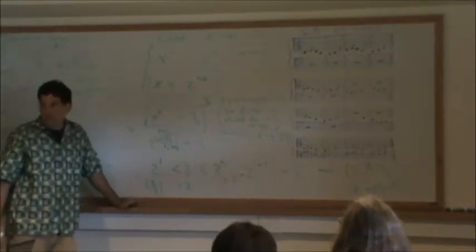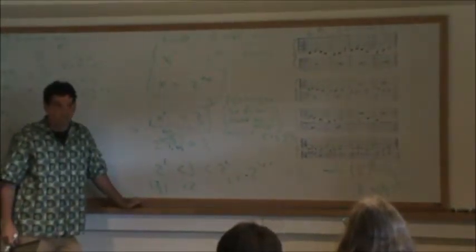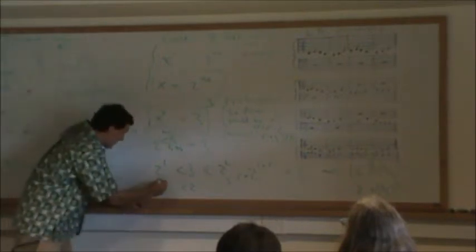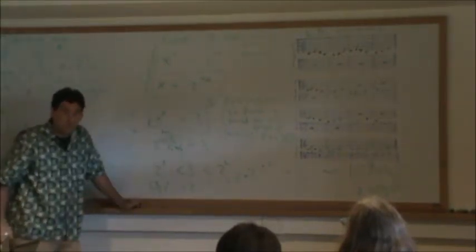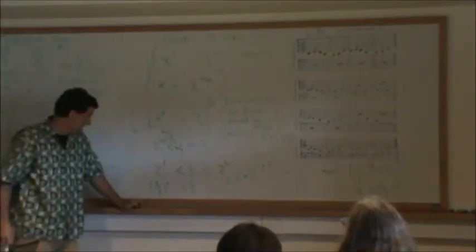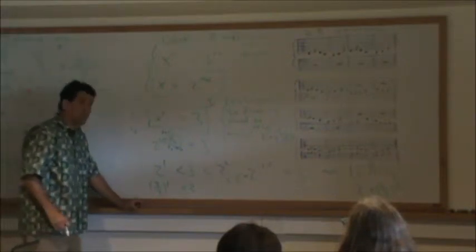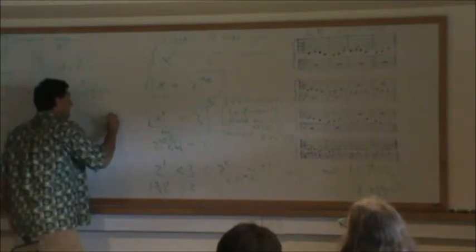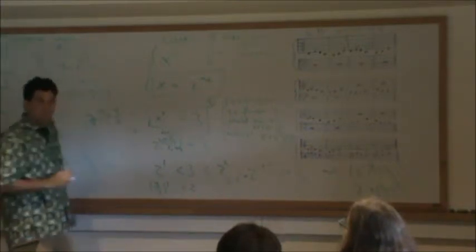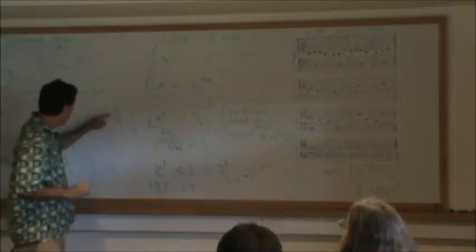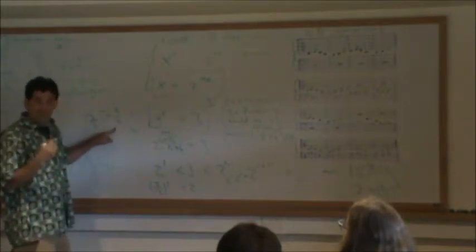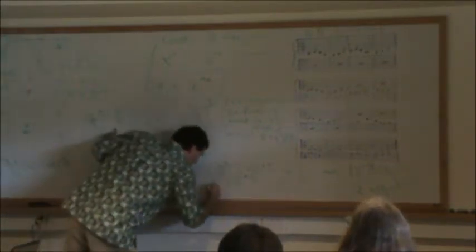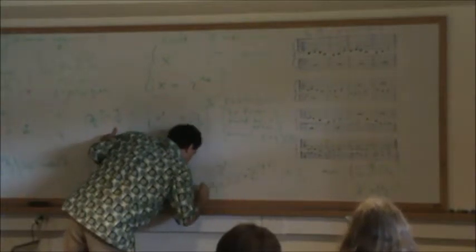Well, 3 halves to the first, and is that smaller or bigger? Smaller, 3/2 is less than 2. So what's the next number we check? 2. So 3/2 squared is 9/4, and that's big. 9/4 is bigger than 8/4, so 3/2 squared is bigger than that.